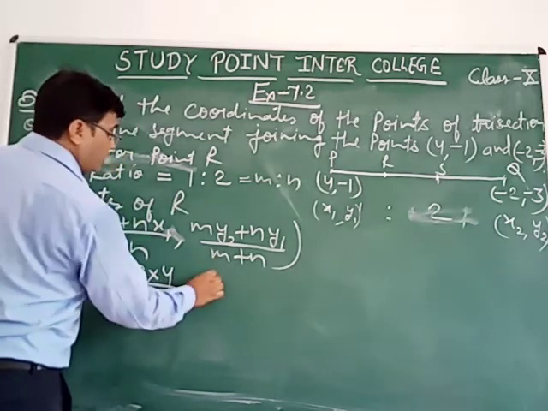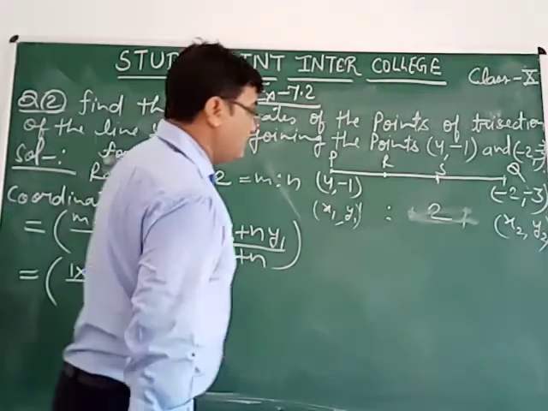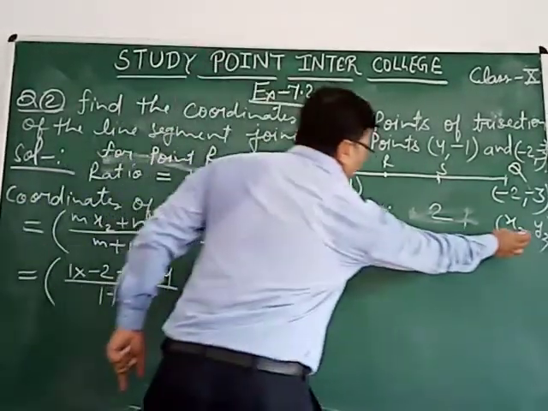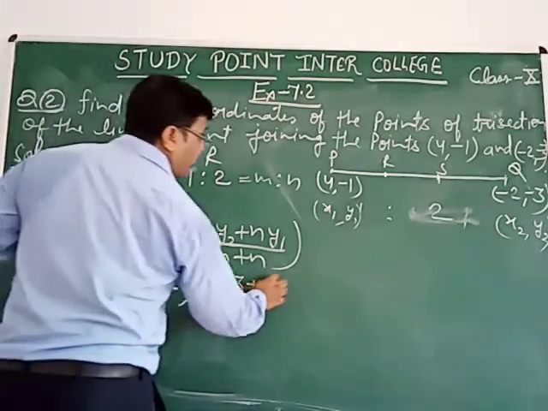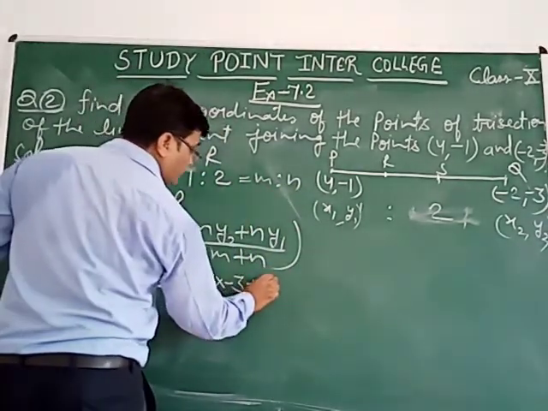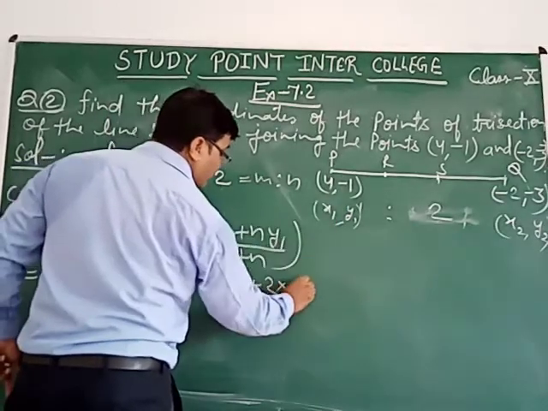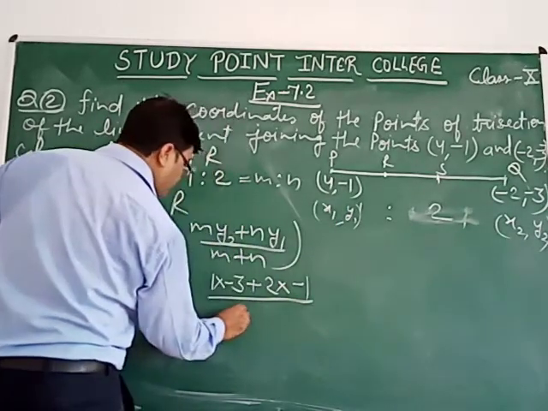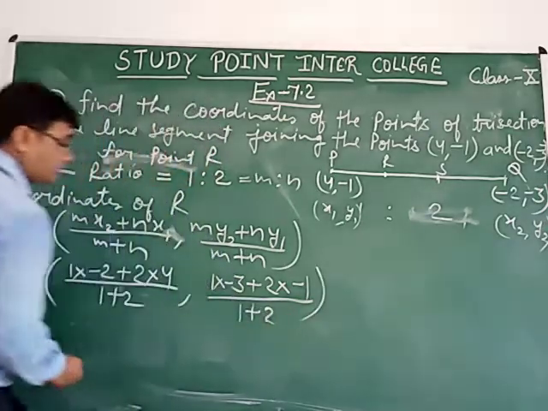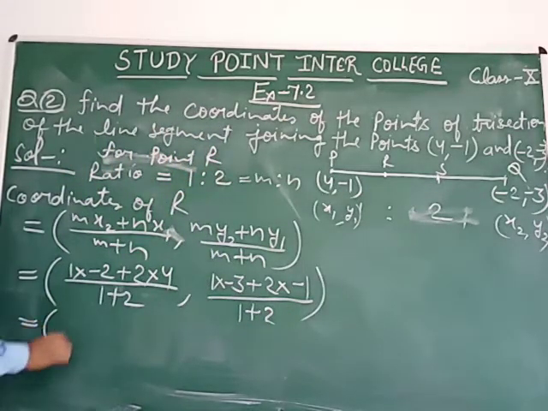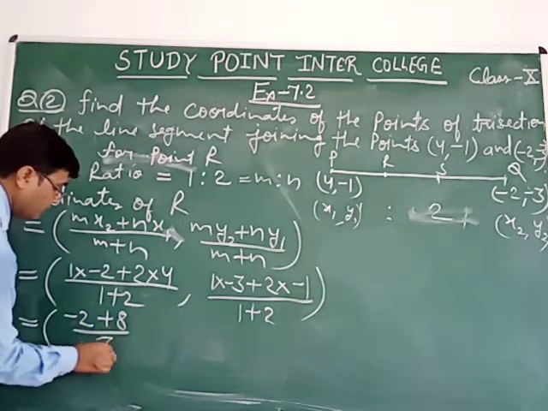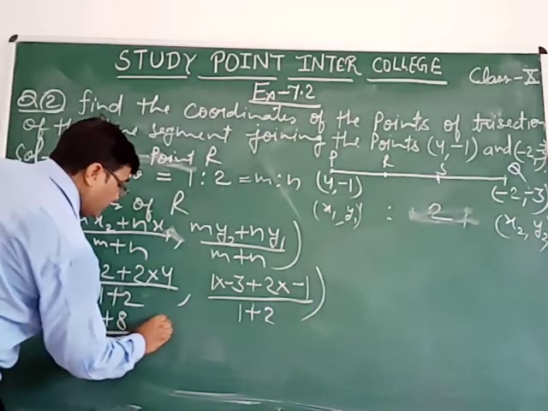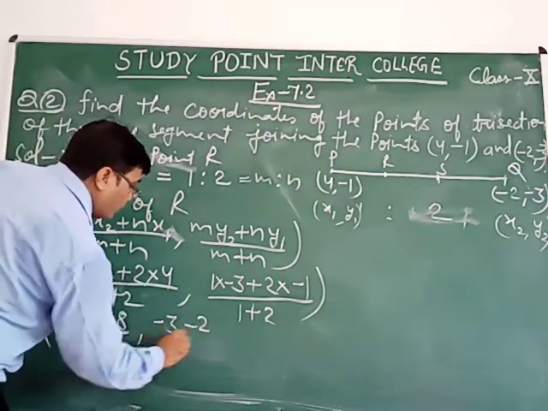Then M is 1, y2 is minus 3, plus N is 2, into y1 which is minus 1, upon 1 plus 2. Minus 2 plus 8 upon 3, minus 3 minus 2 upon 3.